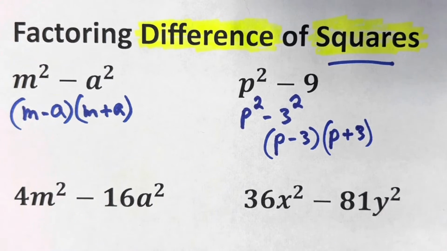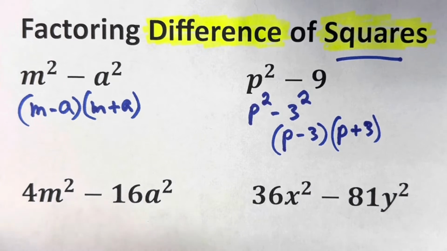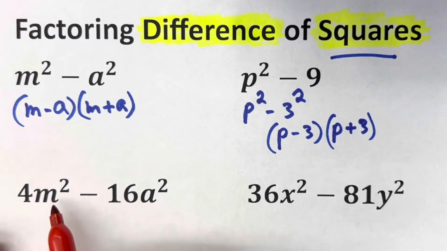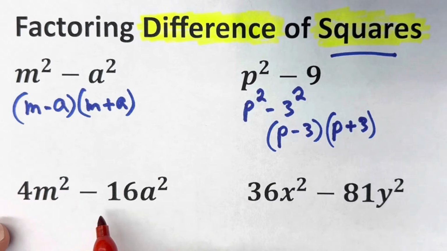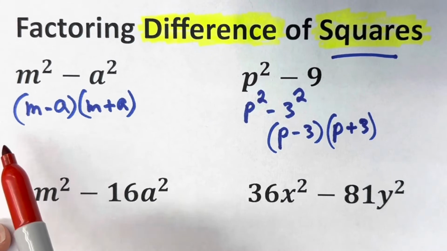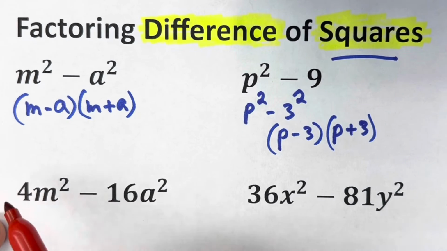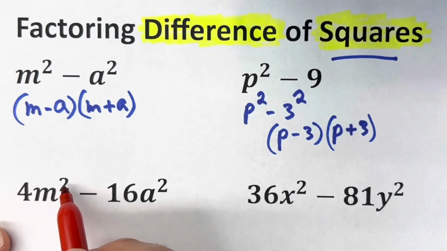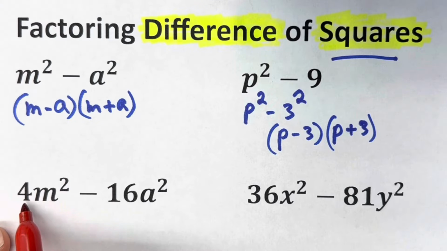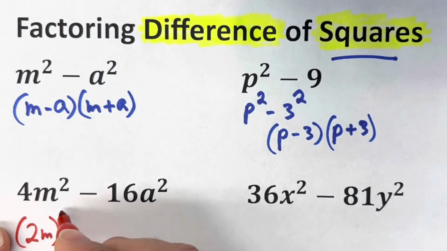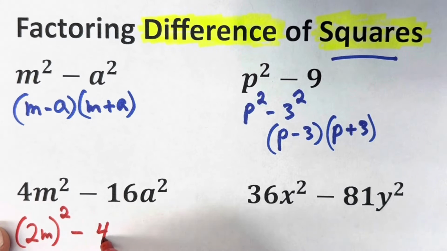Okay, the second case is a little bit more challenging because it looks like the m is a square and the a is a square, but we have a 4 and a 16, and we need to square the whole term. So what we do here is rewrite it and put everything as a square. The 4m squared, we're going to write as 2m squared, minus 4a squared.